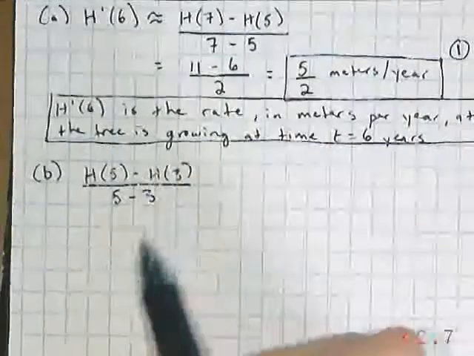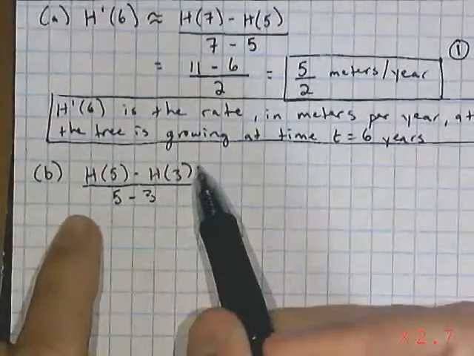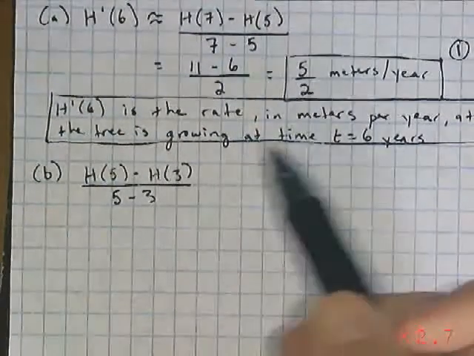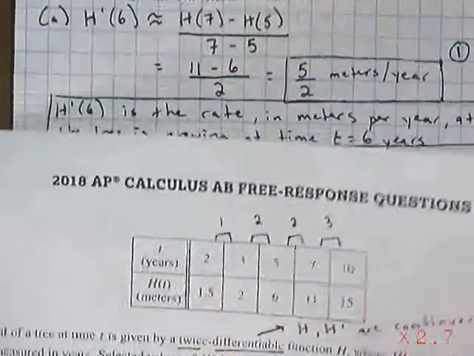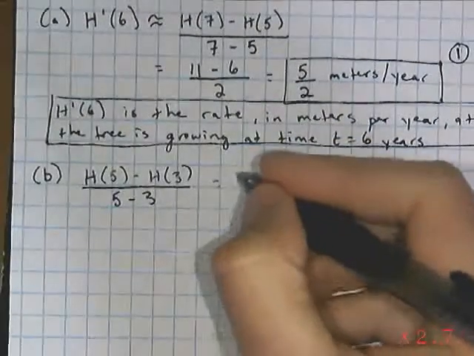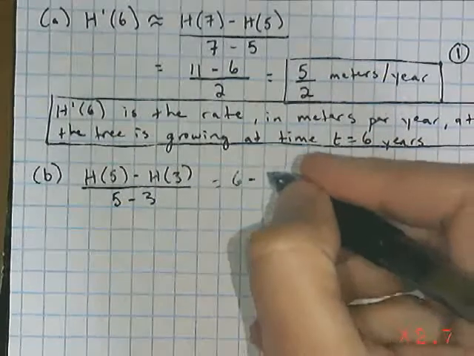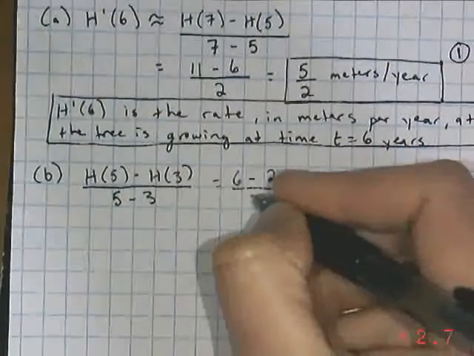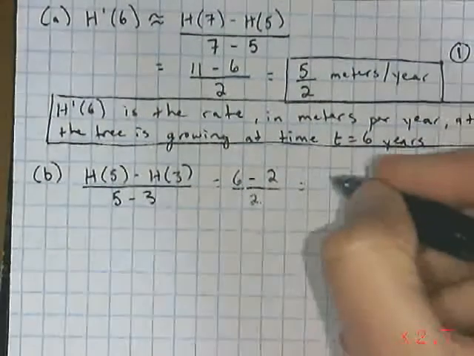So this will give us the slope of the secant line between h of 5 and h of 3. And from our table we see that h of 5 is 6, h of 3 is 2, 5 minus 3 is 2, and so this turns out to be 2.